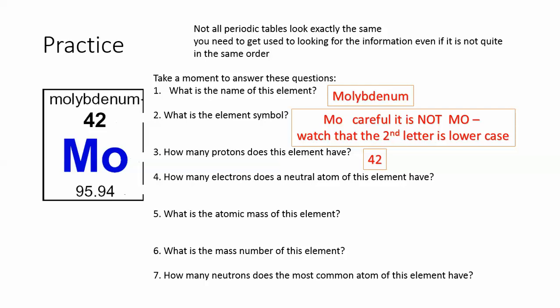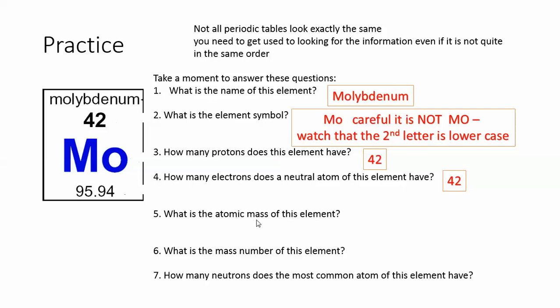How many electrons does a neutral atom of this element have? Well, neutral means same number of protons and electrons. So if I have 42 protons, then I must have 42 electrons in a neutral atom. What is the atomic mass of this element?